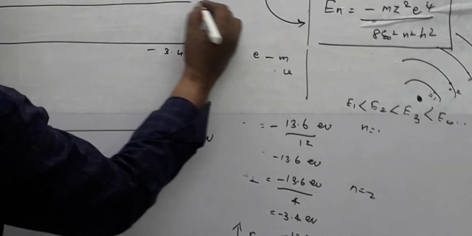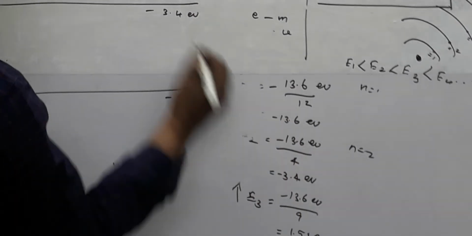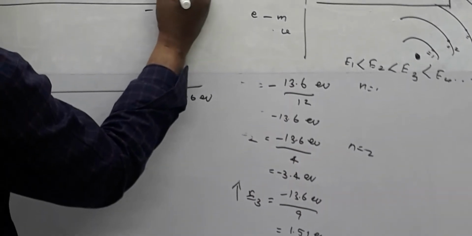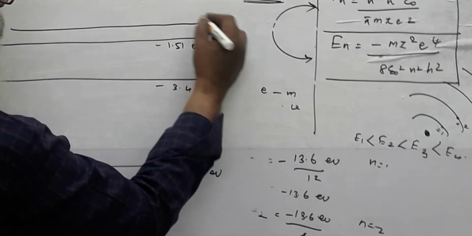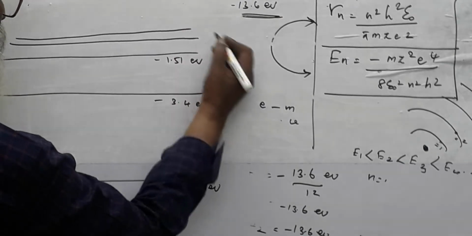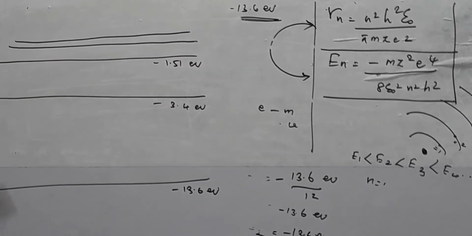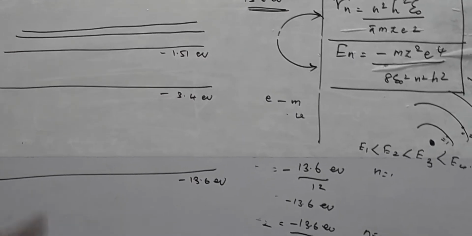Then the next one is minus 1.51 electron volt. Then again you have to consider another one. Here you have to clearly understand one concept.